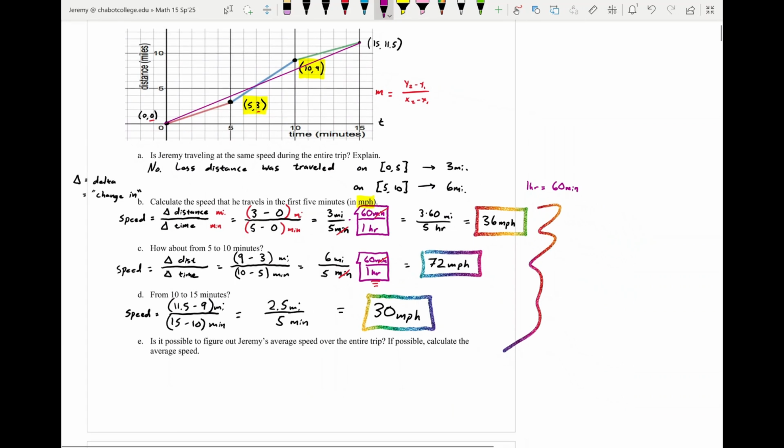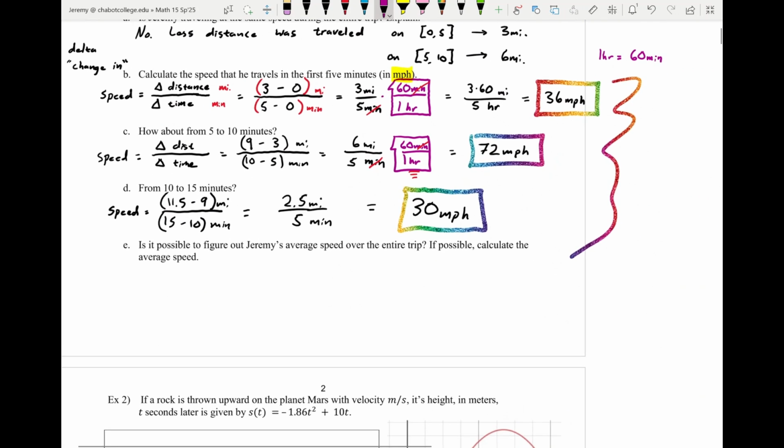So that purple line right there is what we're going to do next. Is it possible to find the average rate of change? Yes. We just need the first and last ordered pair.